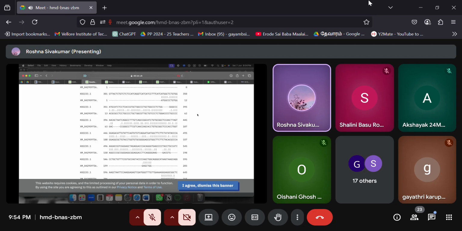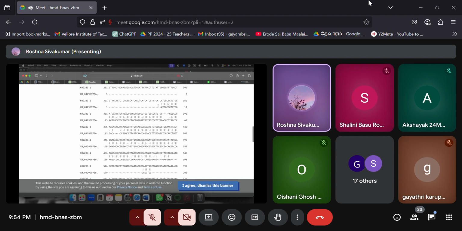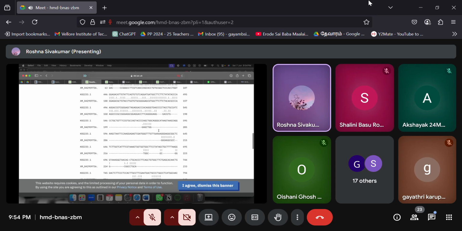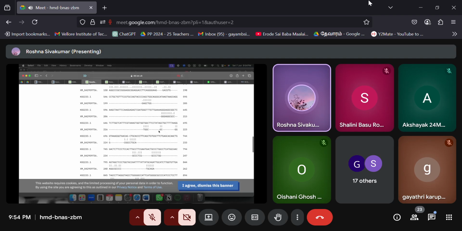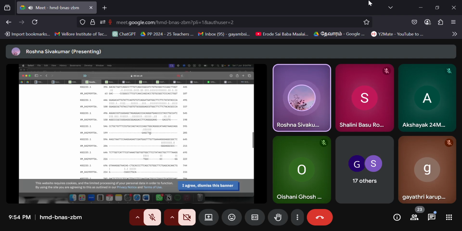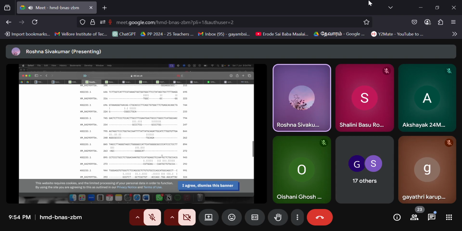But when you come to the next sequence, you find T and C. Both of them are similar in the way of their structure. That is why similarity is indicated by a dot, and the gaps introduced are indicated by a hyphen. All throughout you're introducing gaps to get the best possible coverage.